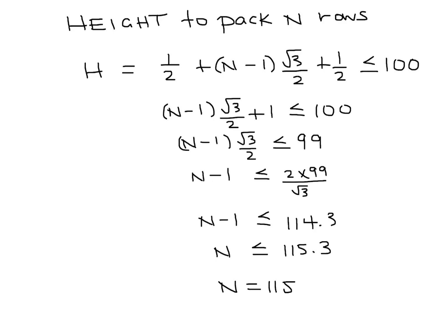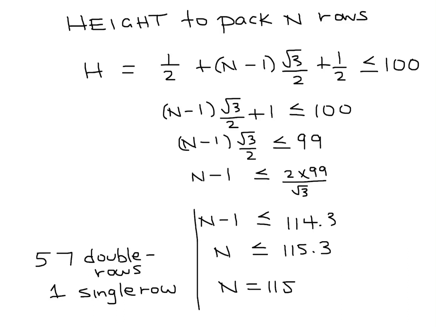And that's exactly what we got. We got 57 double rows and one single row. 57 double rows is how many rows? Well, 57 times 2, which is 114. And one single row, of course, is just 1.